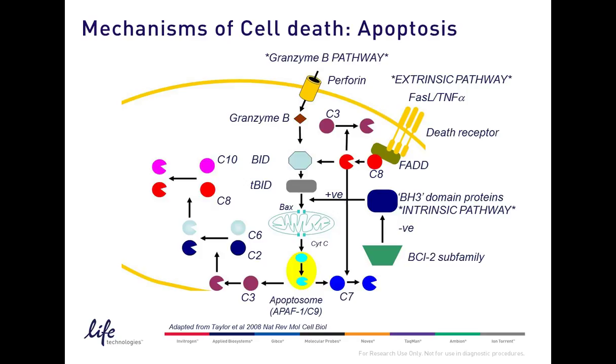This is the intrinsic pathway. The BH3 domain-containing proteins are normally inhibited by members of the BCL2 family, and indeed removal of that inhibition will activate the intrinsic pathway. But as I say, they both lead to Bax recruitment to mitochondria, loss of cytochrome c, as well as loss of mitochondrial membrane potential. The loss of cytochrome c basically nucleates the apoptosome.